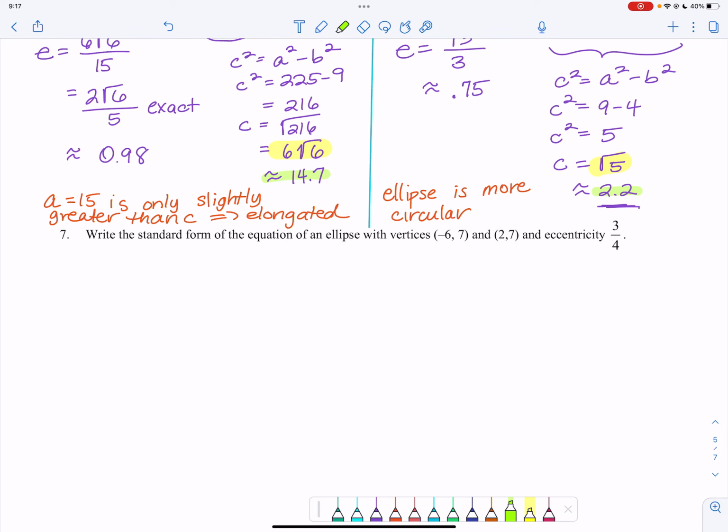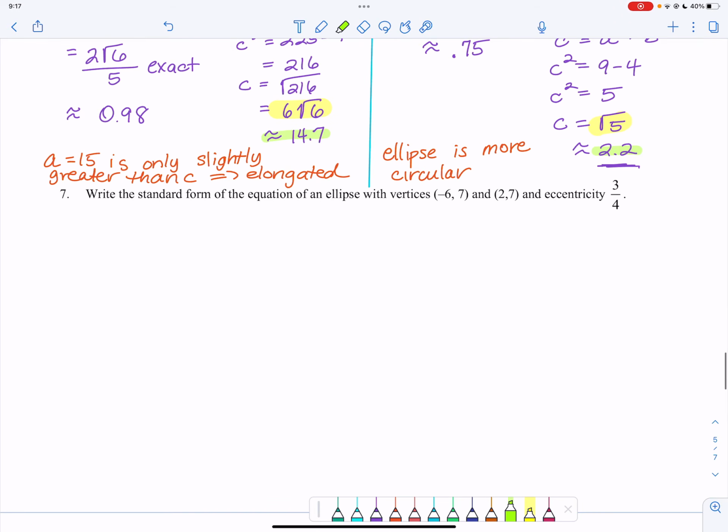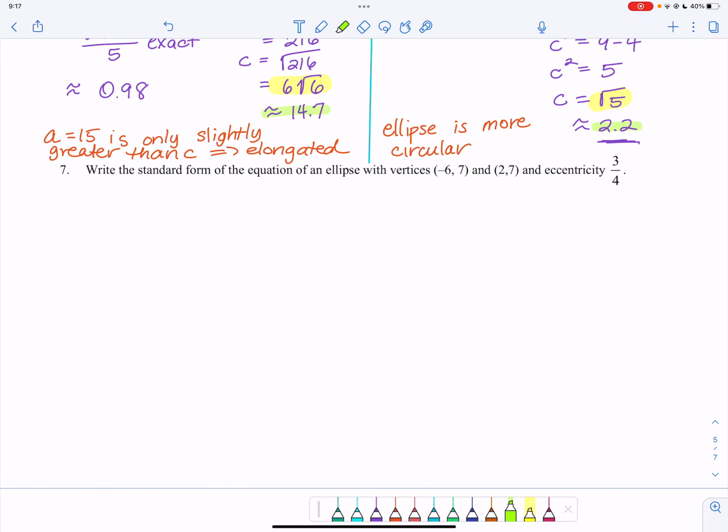Write the standard form of the equation of an ellipse with vertices (-6, 7) and (2, 7). And here they give us our eccentricity of 3/4. Okay, so the very first thing we need to do, so this should be number 1, we need to go ahead and write what the center is. And this center is going to be (-2, 7).